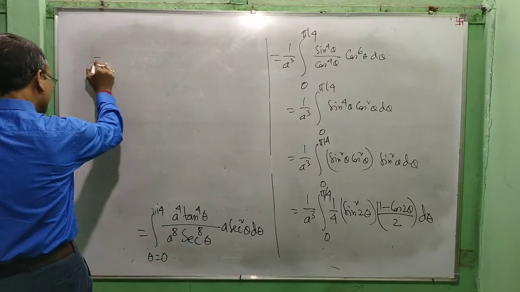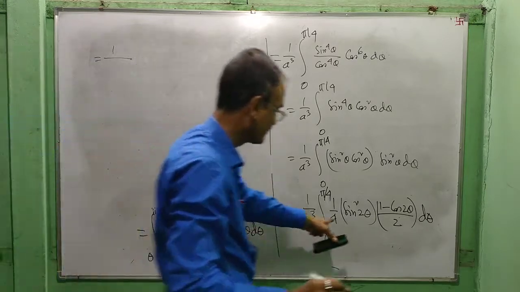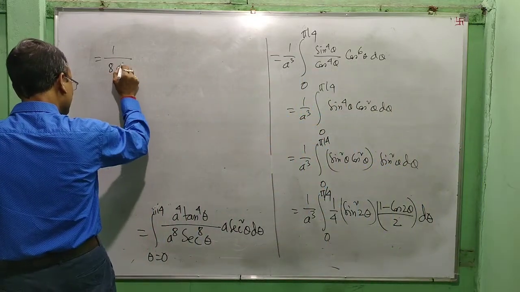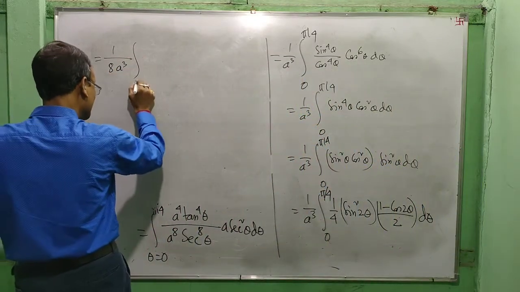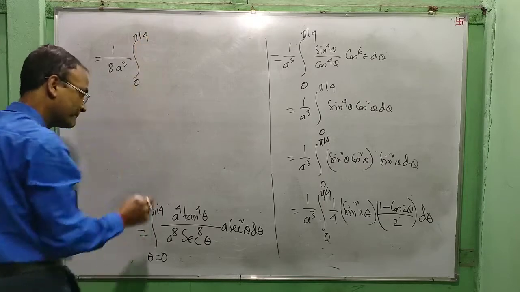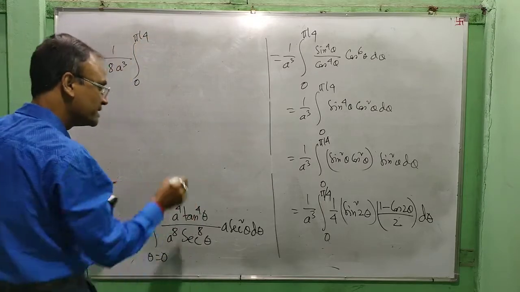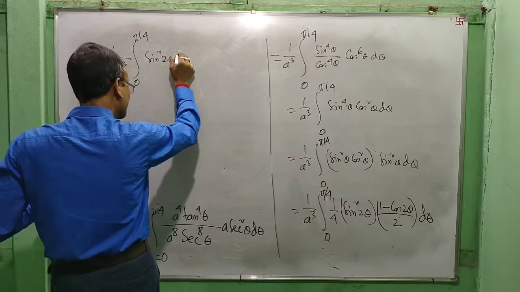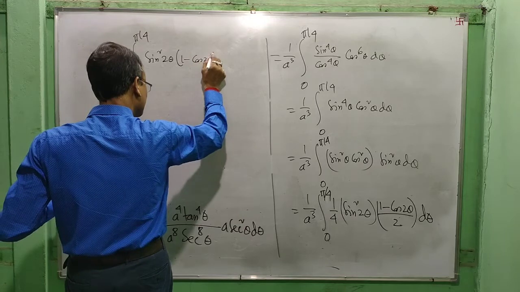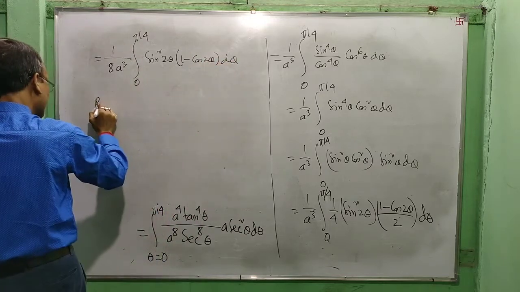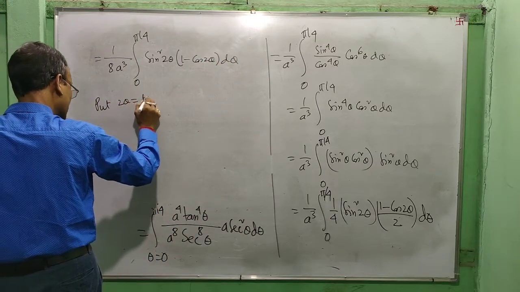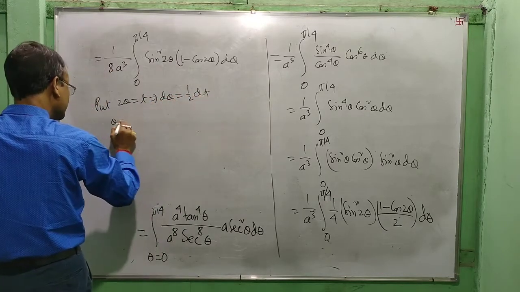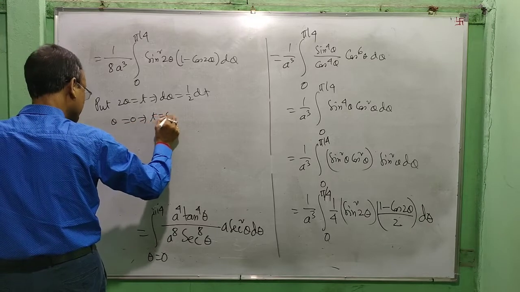This is equal to 1 by 8a cube integration 0 to pi by 4 sine square 2 theta into 1 minus cos 2 theta. Now put twice theta equal to t. This means d theta equal to half of dt. Theta is equal to 0 means t equal to 0.